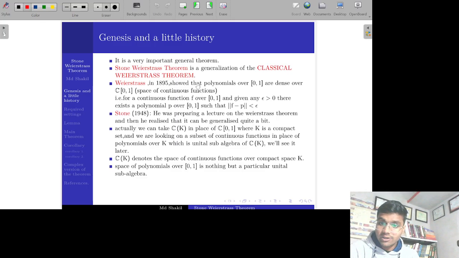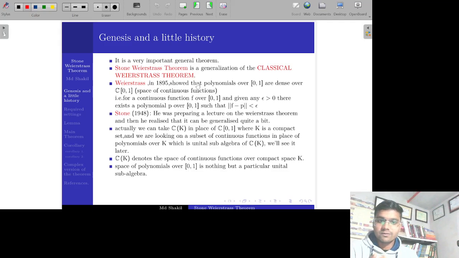It means for this epsilon greater than 0, you will find a polynomial p such that the norm of f minus p is less than epsilon. It means p is in the epsilon neighborhood of f. So this is the classical Weierstrass theorem that was given by Weierstrass, a famous late 19th century mathematician.